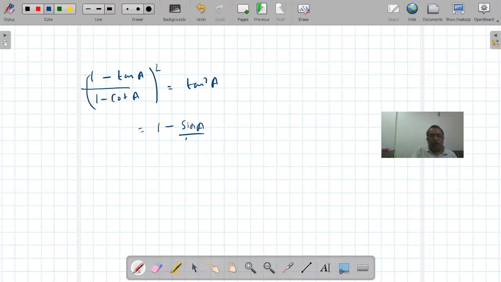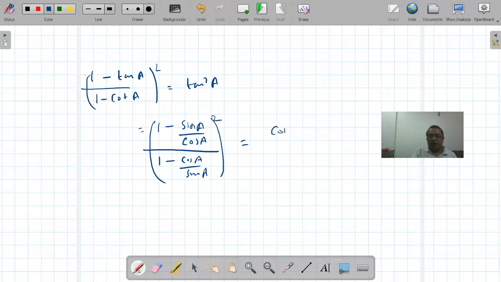So I can convert tan as sine by cos and cot as cos by sine. Okay, converting into sine cos, then I'm going to take the LCM, following my normal steps. So this will become (cos A minus sine A) by cos A, and this is going to become (sine A minus cos A) upon sine A, whole square.